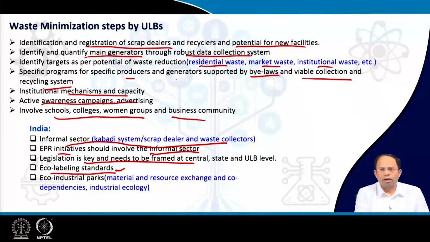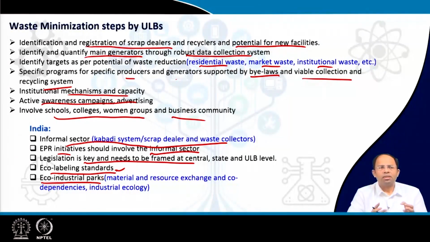Some are there already, and then we can go for eco-industrial parks. That means whenever we are setting up industries in our country, instead of setting up standard industries, we can set up an eco-industrial park, where we bring together industries which can depend on each other. For example, products or byproducts from one industry could be utilized by another industry, immediately in the near neighborhood.